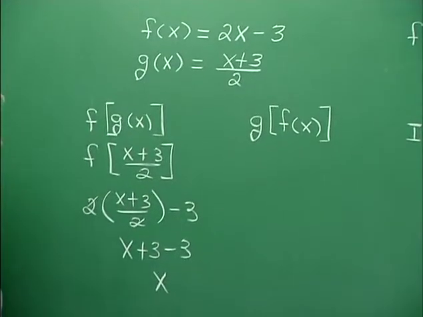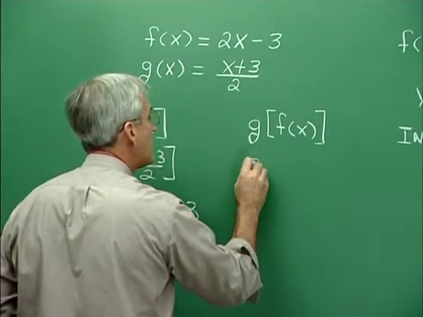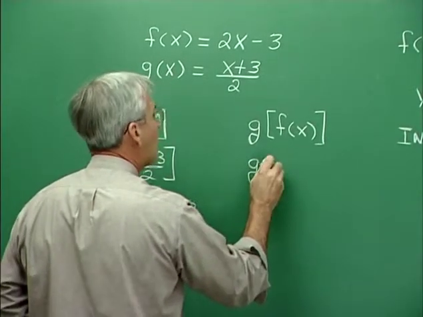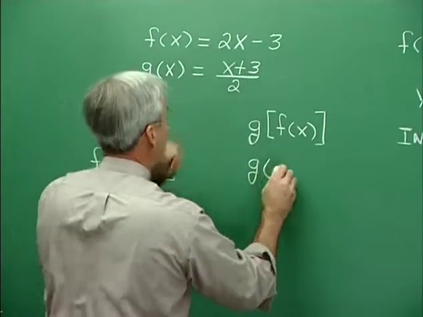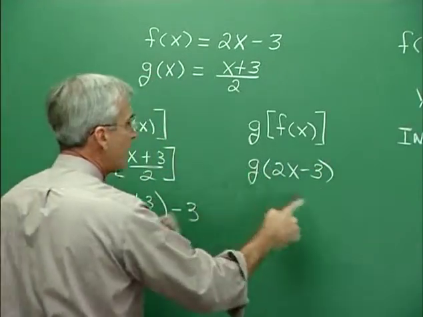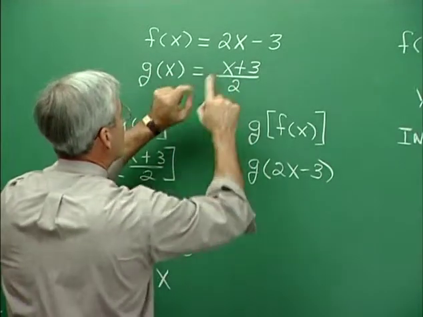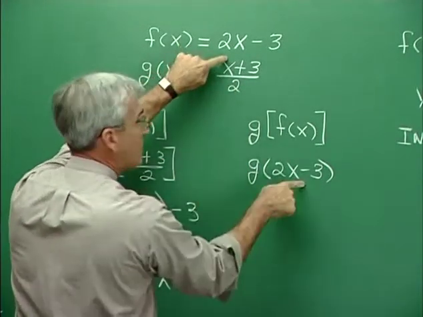Interesting situation. Here we have, let's see, we're putting f into g. This is g of whatever f of x is. Well, f of x is this expression 2x minus 3. Now this says in the g function, replace x with 2x minus 3. So we're going to take this expression for the g function, replace that x with this binomial.